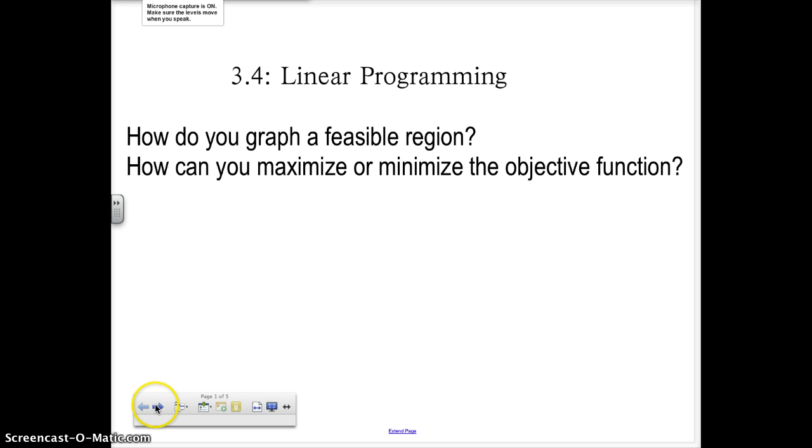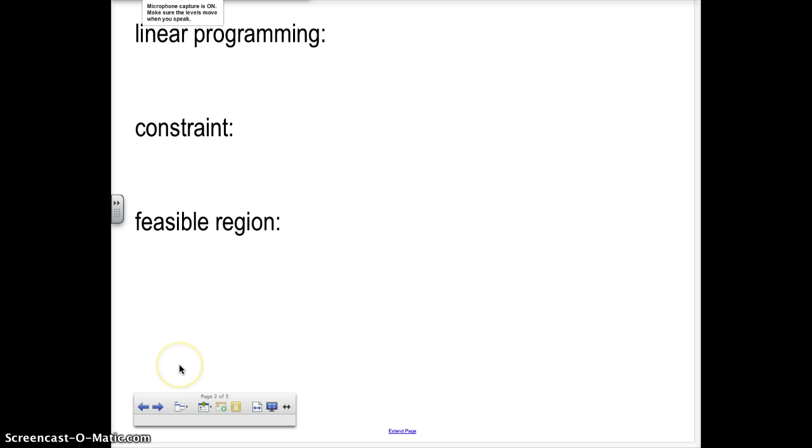Okay, so when we talk about linear programming, it's a method. Linear programming is a method used for finding the maximum or minimum value of a function.